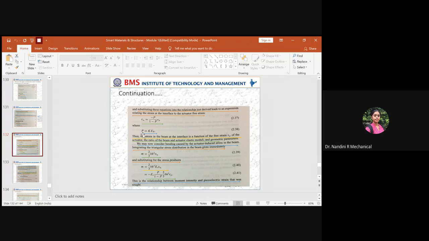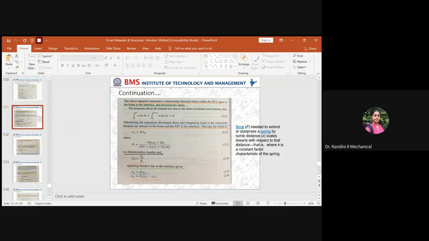Here P is equal to K times E suffix R. E suffix R is nothing but the ratio of elastic modulus of the actuator to elastic modulus of the structure. And you know the value of K, which is the dimensionless number we have got here. This is the value of K, and this is the value of ER.